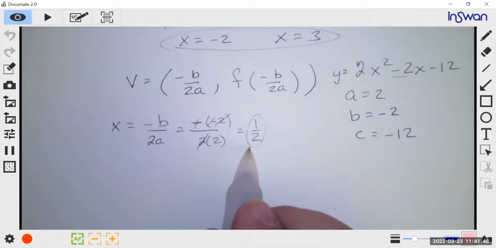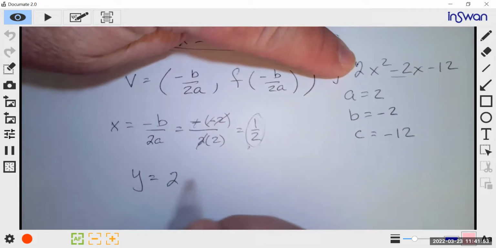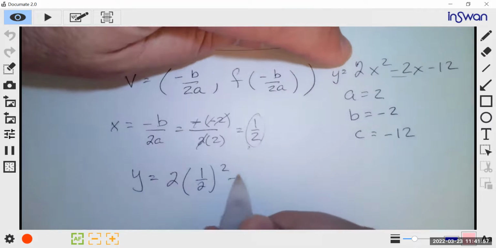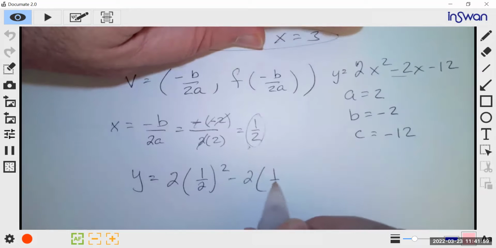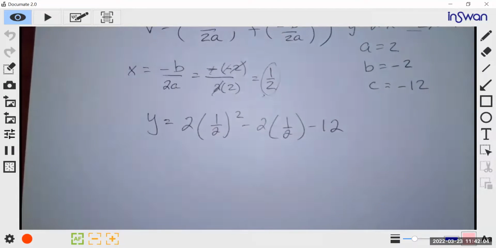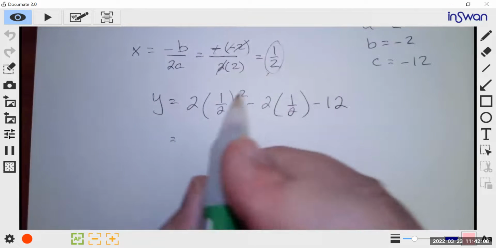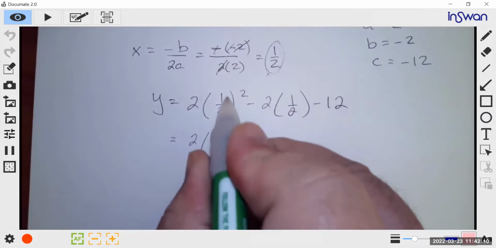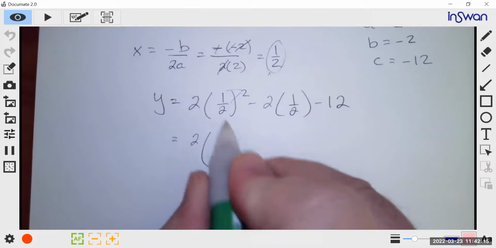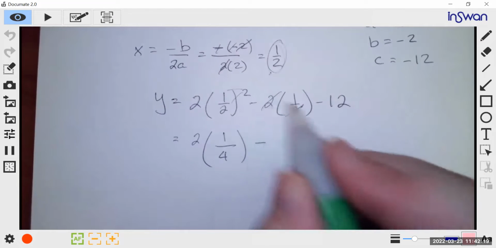Now we take that value of x. Anywhere we see an x in our equation, we plug 1/2 in. And then simplify. 1/2 squared. So square both the top and bottom. 1 squared is 1. 2 squared is 4. The 2's cancel.